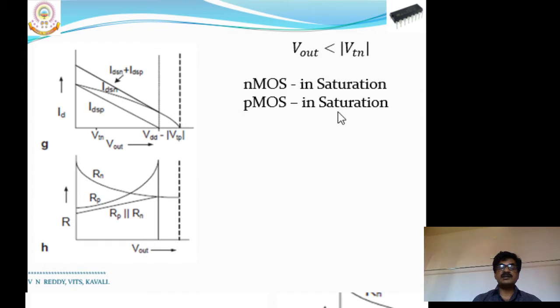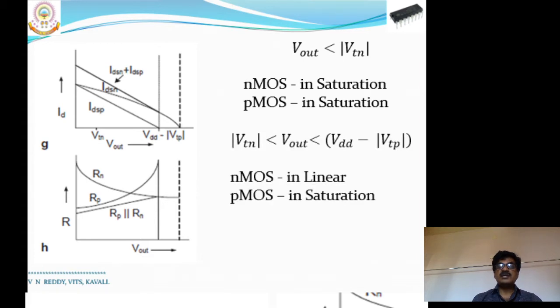That is, comparing the difference between input and output voltages, you can say that the NMOS and PMOS transistors are in saturation. Suppose the voltage is in between VTN and VDD minus VTP, the NMOS transistor now comes to the linear region, whereas the PMOS transistor operates in the saturation region.